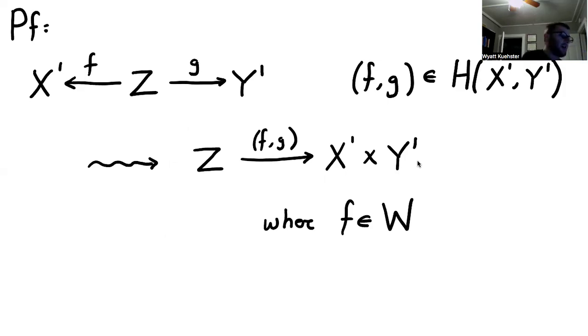I'm going to take a cocycle between X prime and Y prime, and I'm going to construct a cocycle from X to Y. So firstly, a cocycle is the same as a map from the middle thing into the product, as long as my model category is closed under finite limits, so it certainly has products, and f is a weak equivalence.